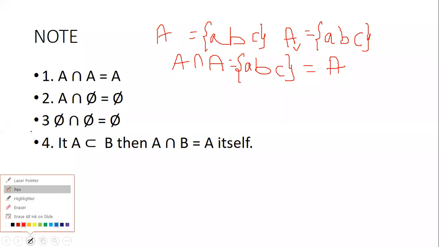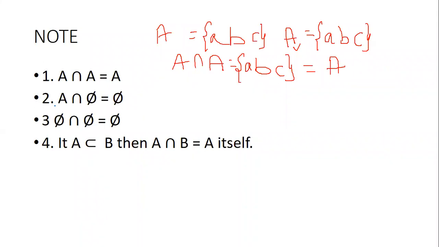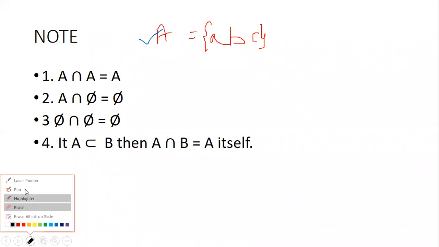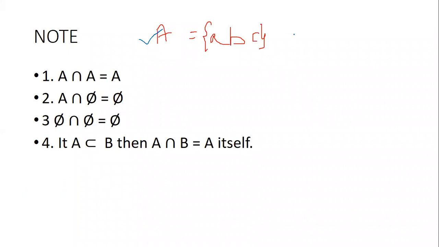Now the next one, A intersection null set. Set A is the same, A, B, C. Let me erase the other part for your better understanding. Now set A is A, B, C, and we have another set B, which is a null set. There are no elements in the set.